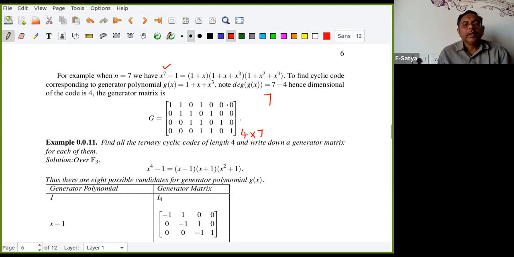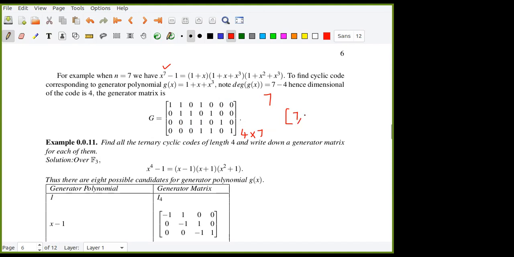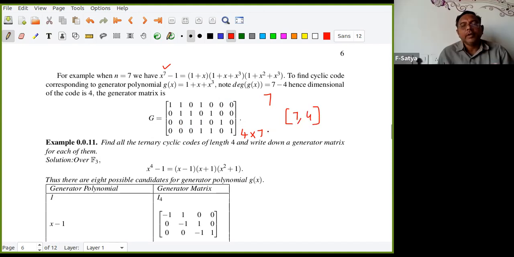Now once you know G, what are the dimensions of the code? Do you know that? Generator matrix is given, don't worry. Now concentrate here. What is n and k? 7 and 4. It is a 7 comma 4 linear code.